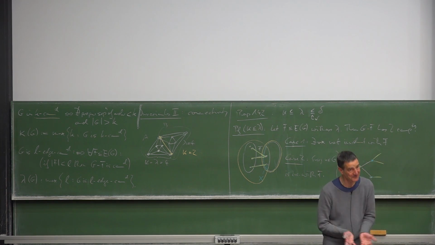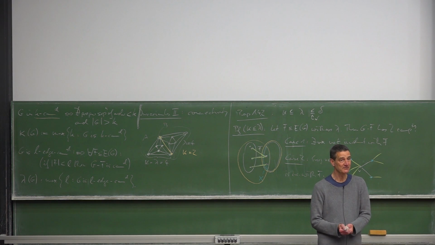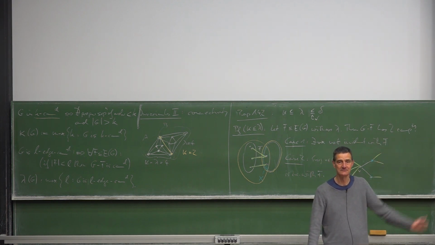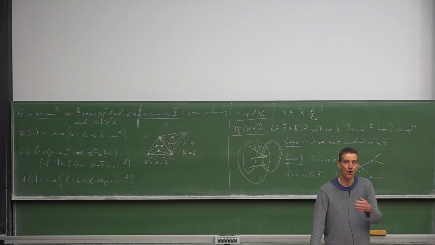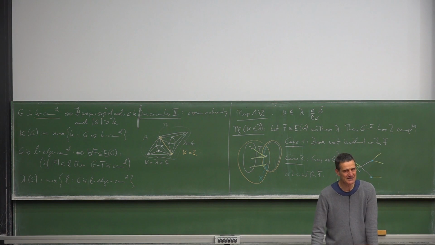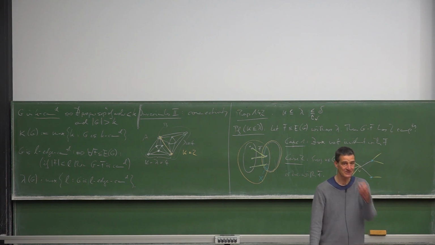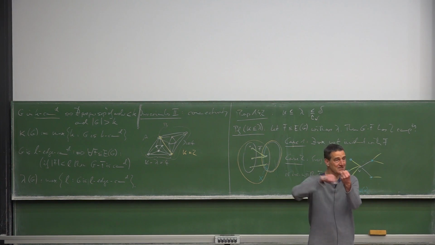Then we have a complete graph, and a complete graph, a Kn, has lambda what? The obvious answer is n minus 1. Checking that isn't entirely trivial. It can't be bigger than n minus 1, right? Because you can disconnect a vertex by the edges it sends to everything else.